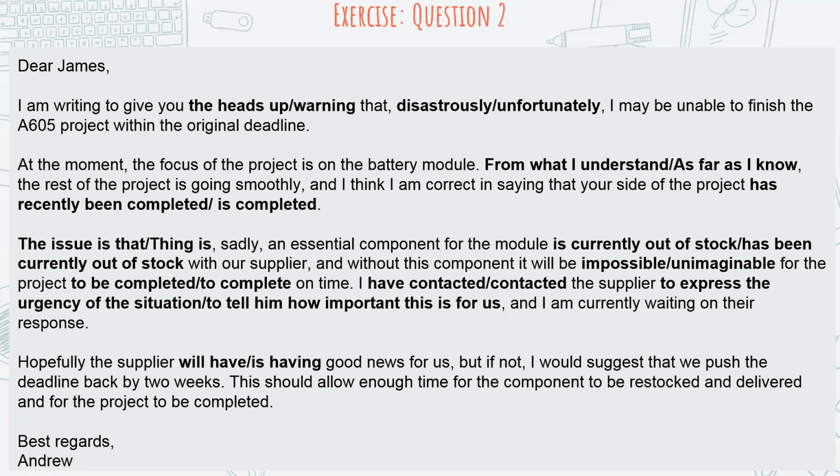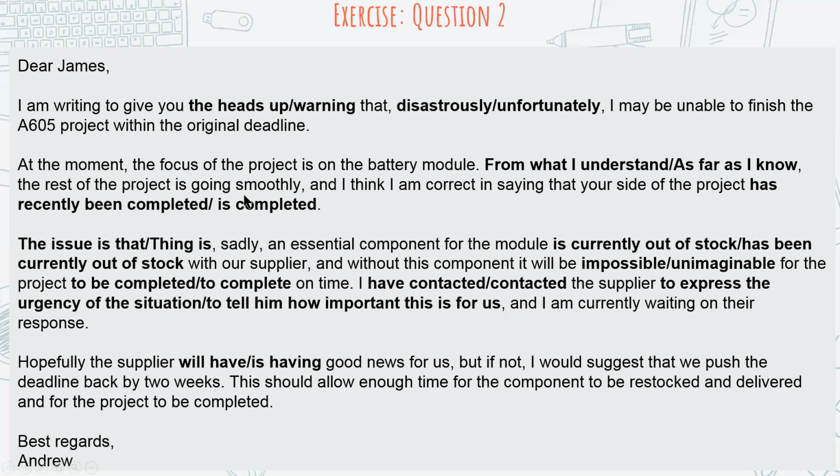This expression is a cohesive device. From what I understand is much better than as far as I know, because this is a project that you are working on with him. So if you use the expression as far as I know, it would be a problem, as if you don't know much about your own project. So I would use from what I understand.